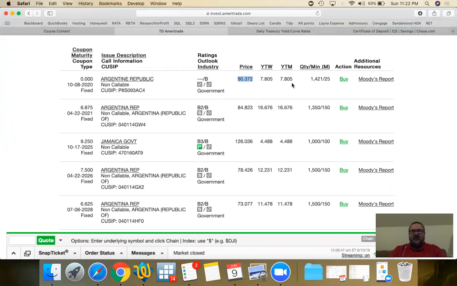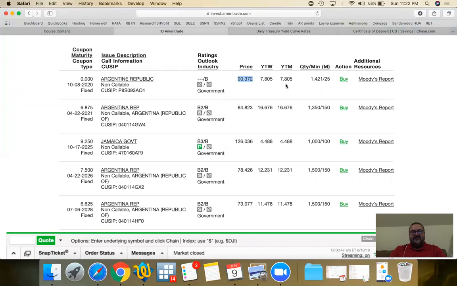So you determine what your yield will be by what you're paying today. If you were to pay $80, you're still going to receive $100 face value on the maturity date, which would make your yield significantly higher than 7.8%.